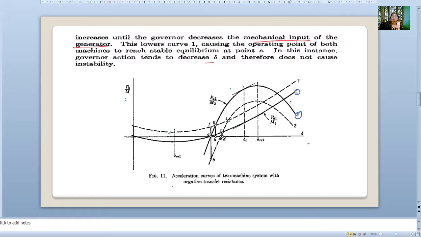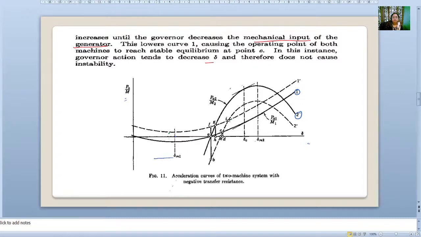Okay, this is del M1 maximum. This acceleration curve has its maximum at del M1, and this one has its maximum at del M2. Now just listen carefully.